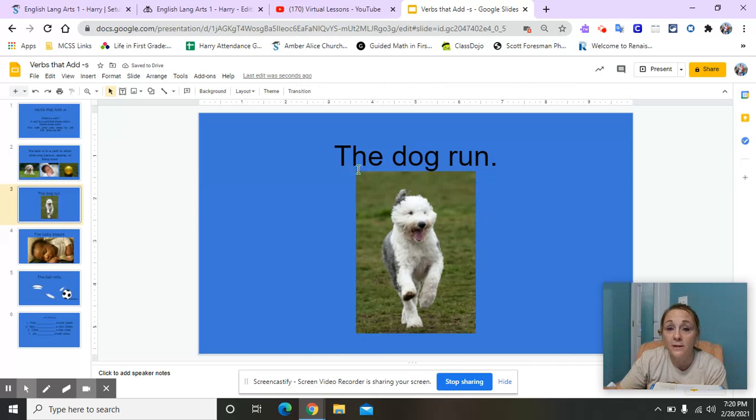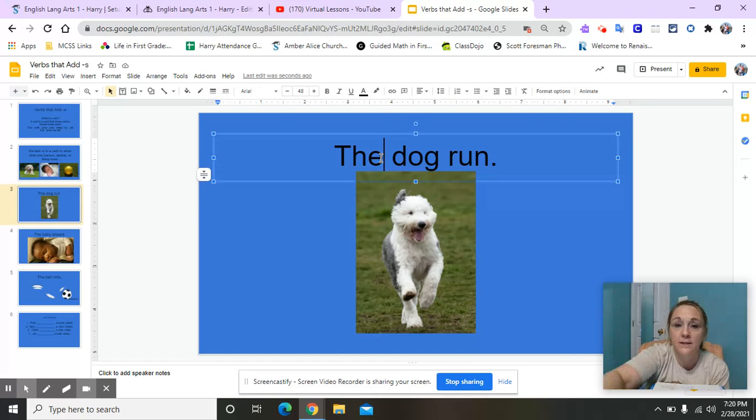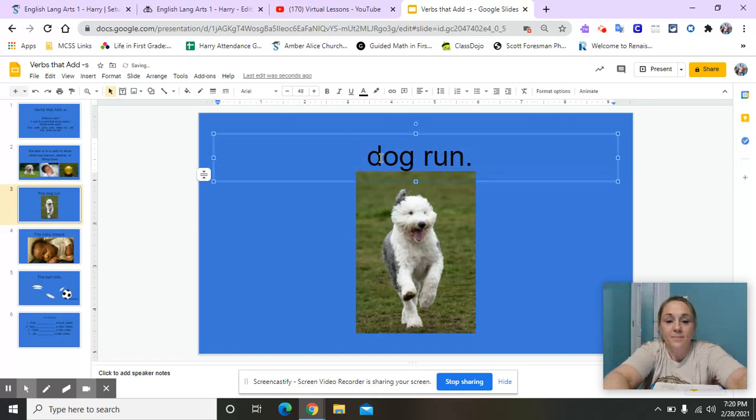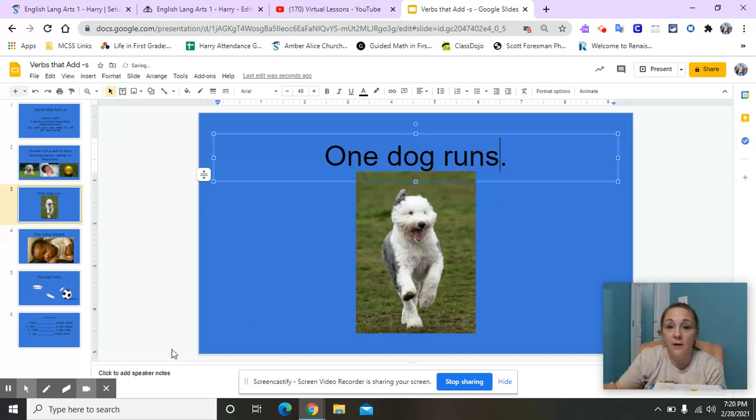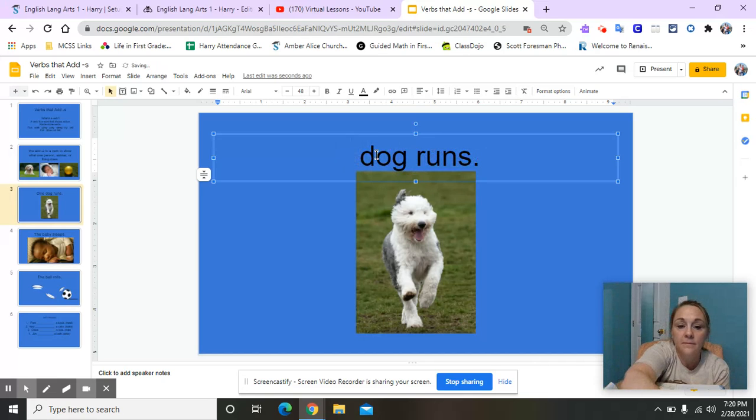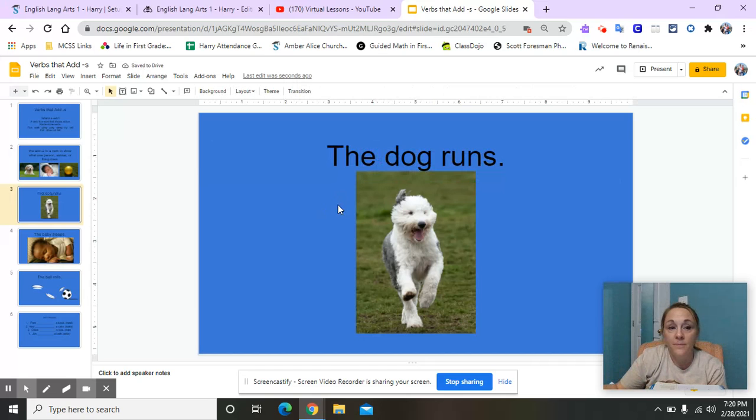We could change that too. One dog run. Well, that doesn't make any sense. The grammar rule for verbs is if you have one noun, you add an S to the verb. So we could say one dog runs, or the dog runs.